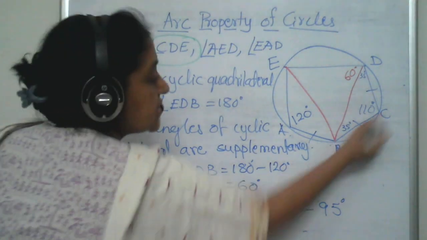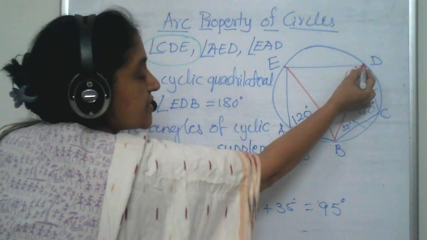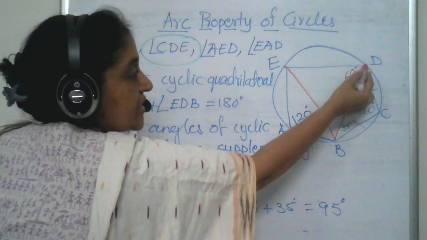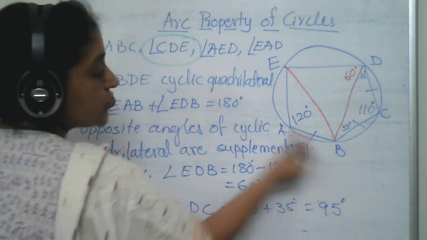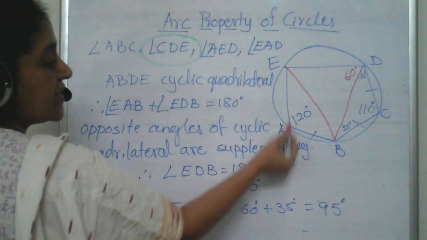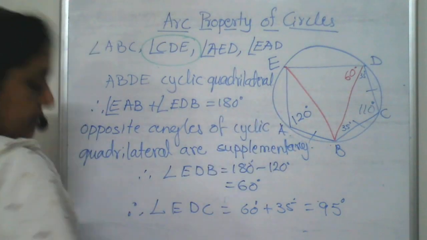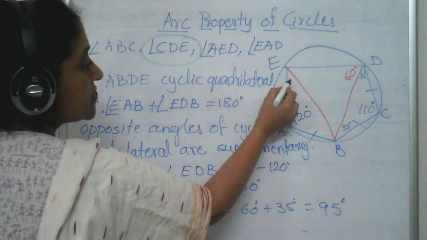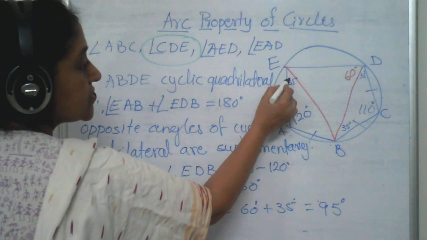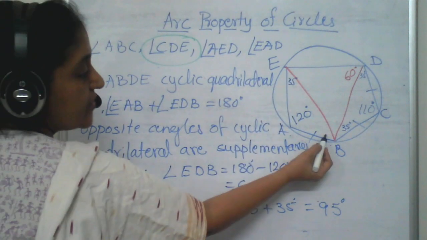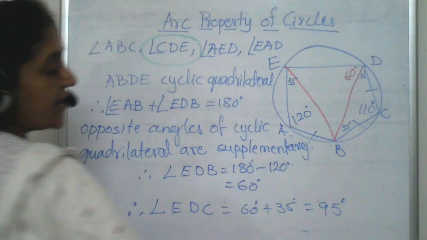Now BC is subtending an angle at the circumference, or say angle in the remaining part, as 35. So AB is also subtending an angle in the circumference, so that has to be same, right? So it will become what? 35. So if I get this, I'll be able to get this side also by angle sum property.